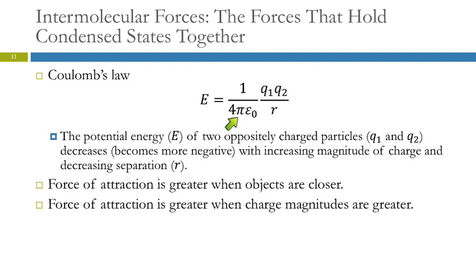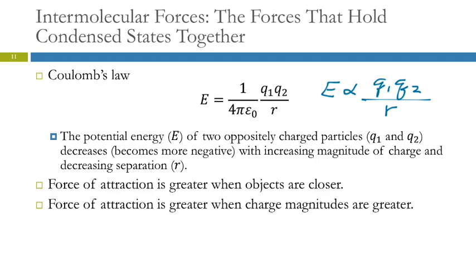This 1 over pi epsilon is just a constant. And so a lot of times, and I would encourage you to think of Coulomb's Law this way, the energy is proportional to Q1 Q2 over R. So our force of attraction will be greatest when R is small, when the particles are close together, and it will be greatest when the magnitude of those charges is larger.